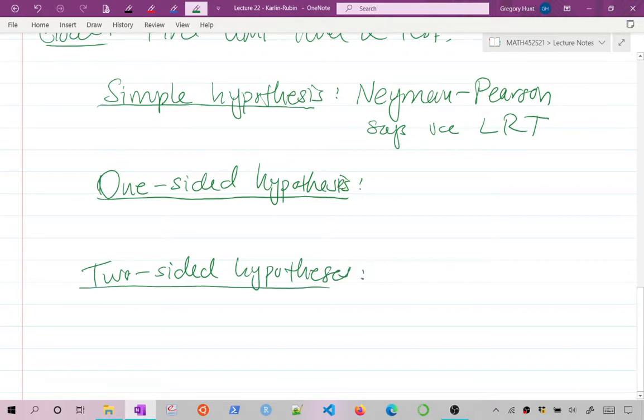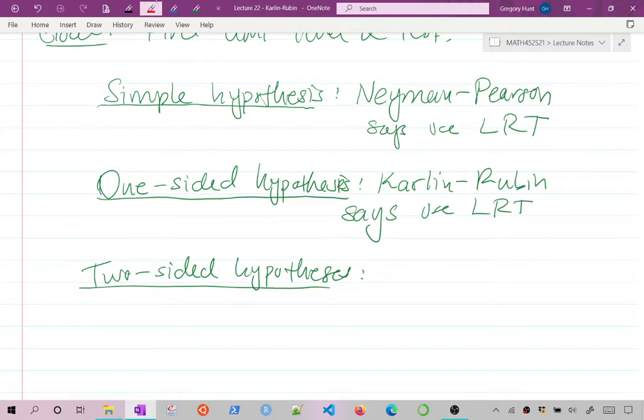And for one-sided hypotheses, the topic that we're going to talk about in this lecture, we have a theorem called the Karlin-Rubin theorem. And the Karlin-Rubin theorem says use the LRT, or in particular it says use a sufficient statistic.